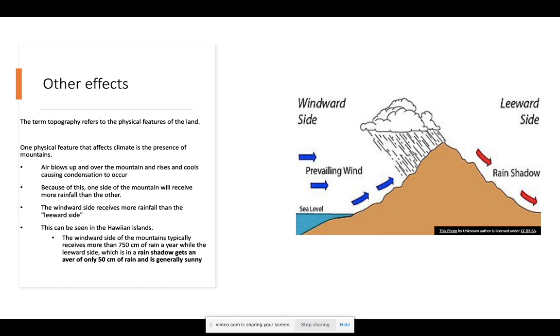So, knowing that on the windward side you receive more rainfall, and you receive more rainfall because the wind is blowing up and over, it's allowing it to cool. And once the cooling occurs, condensation happens, and the condensation causes precipitation to follow. And on the leeward side, there's no rain, so this is called the rain shadow effect.